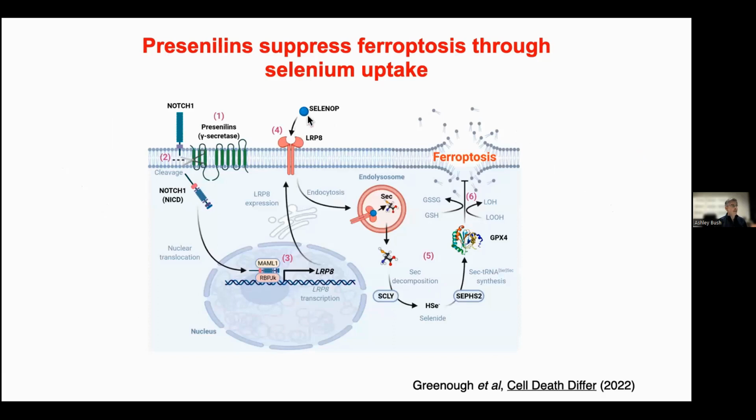LRP8 is responsible for bringing selenium into the cell through binding selenoprotein P. The selenoprotein P is then degraded to selenocysteine, which is an amino acid needed for the production of the active site of glutathione peroxidase 4, and glutathione peroxidase 4 is the checkpoint for ferroptosis. So that's how we believe presenilins influence ferroptosis in an indirect manner.